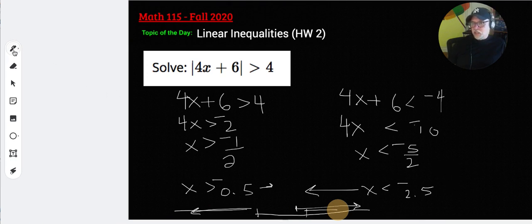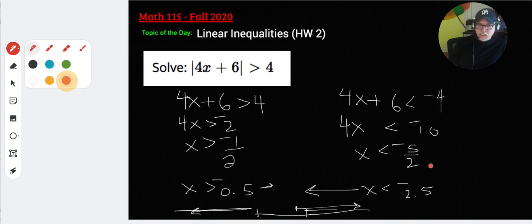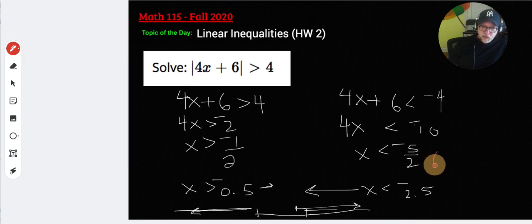And I'm going to change the color of the pen so you can see what I'm going to do here. Following this as a guide, I'm going to begin with the leftmost value, which in this case will be negative infinity. I'm going to comma that, and then negative 2.5.